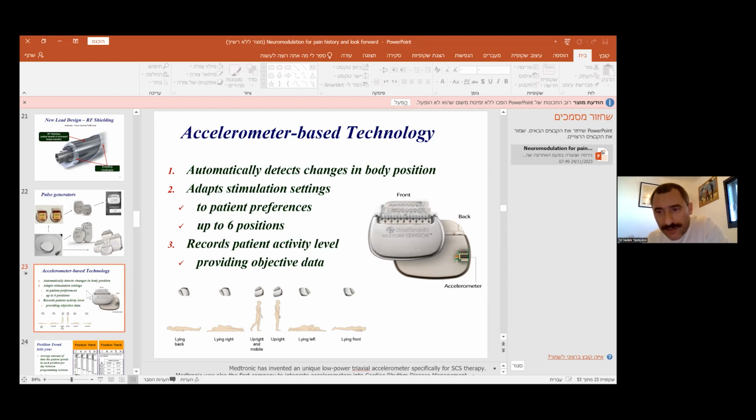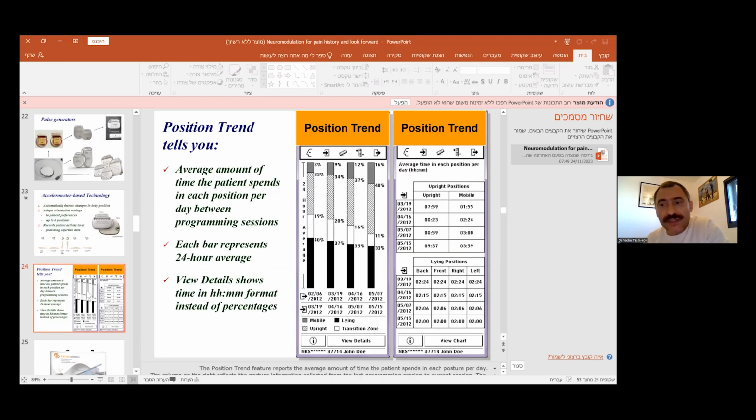It was not only a step in the treatment, but also a step in the investigation and research, because now we can document all body position and all body activity during different stimulation, and show how useful and helpful it is for our patients.